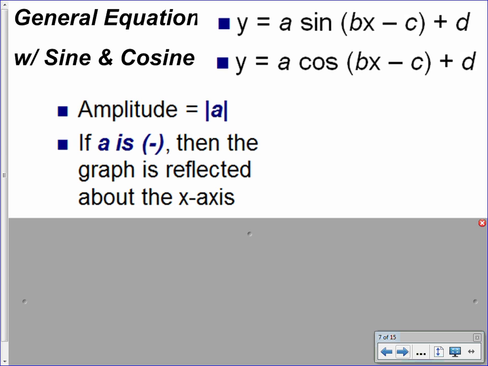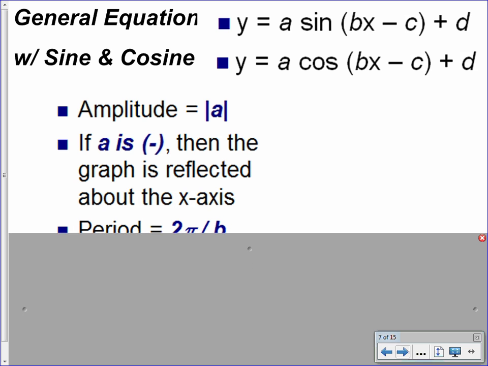Horizontal. It's going to be a stretch or a shrink horizontally. What would our sine or cosine graph be affected by horizontally? What word associates with horizontal distance? Our period.